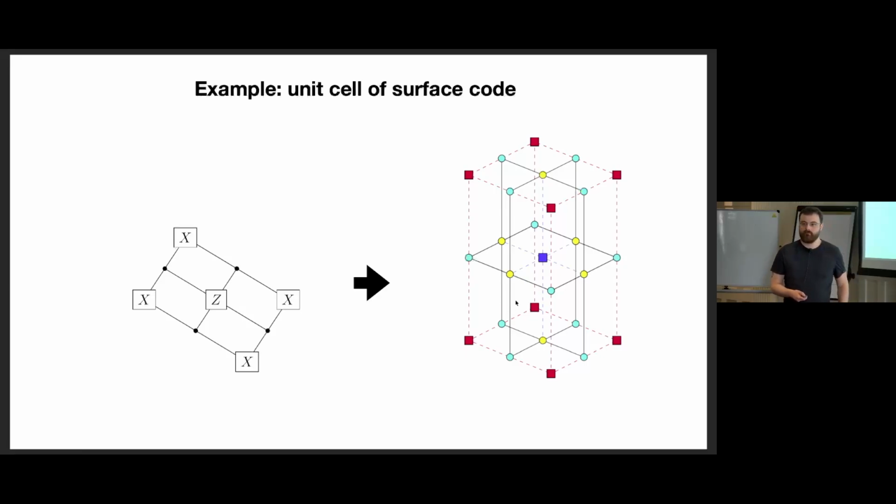Right. So if, for example, I look at one of those blue, yellow, blue lines, and I imagine that one of them is X and the other is Z, and say I pick the Z one, what does the map give me?